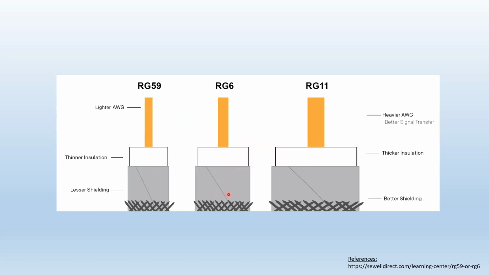The most common thing that you could visually recall is the RG6 cable, because that's the size of the cable that the internet is getting into your house if you have cable internet. Then RG59 is slightly thinner in diameter, and then RG11 is quite a bit bigger in size. Okay.